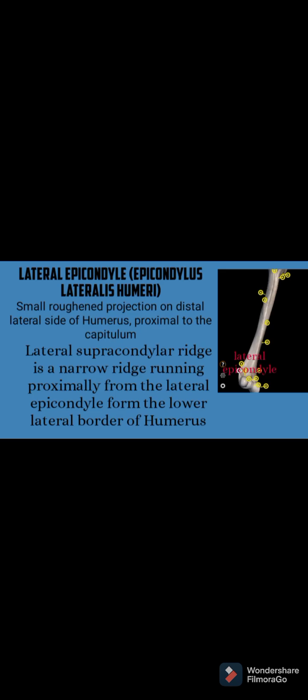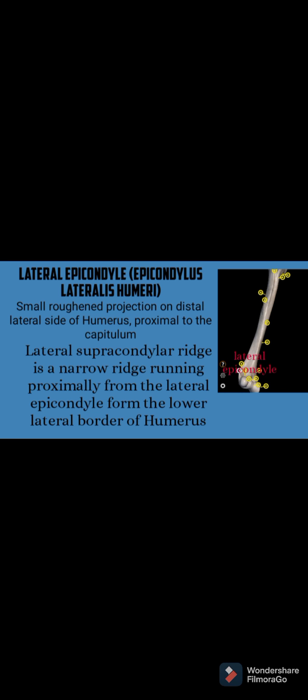The lateral epicondyle, which is also called epicondylus lateralis humeri, is a small projection present on the lateral distal surface of the humerus. The common extensor tendons are attached here.